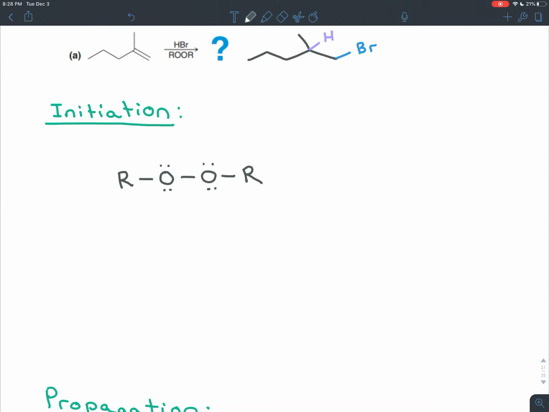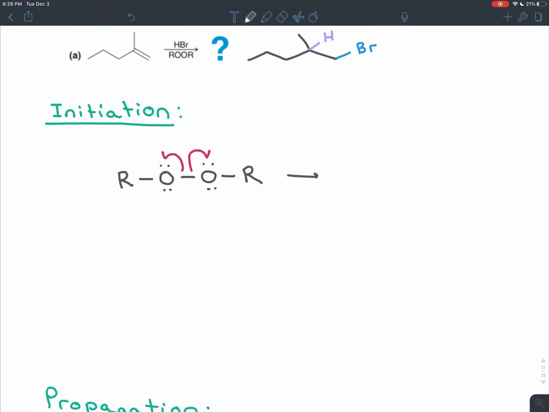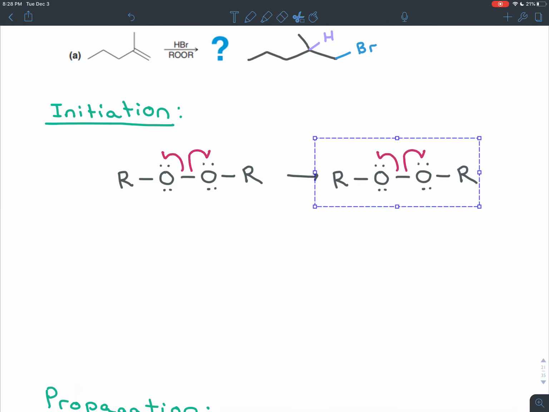All it takes is a little bit of heat. You don't even have to shine ultraviolet light on it. Just a little heat and the peroxides break apart and create two radicals. This one electron will go onto one oxygen, the other electron in the bond goes onto the other oxygen. This should look familiar from previous exercises. This homolytic cleavage creates two radicals, and in this case, the two radicals will be two oxygens.